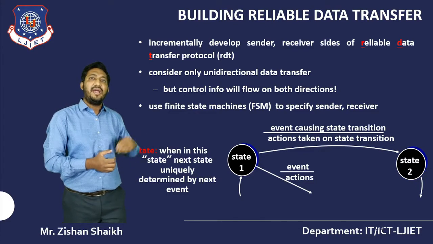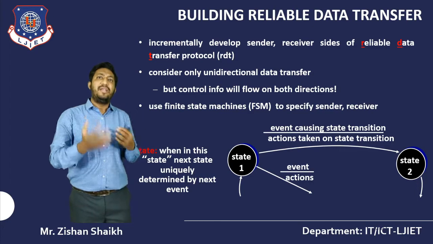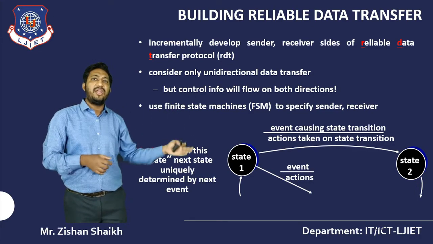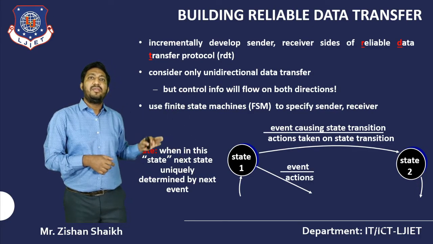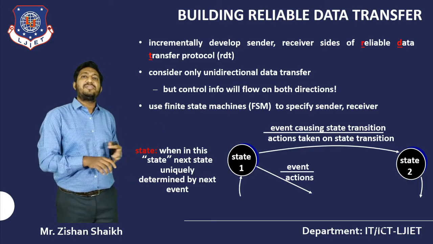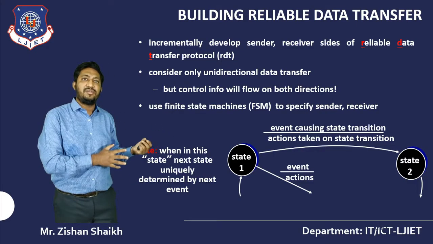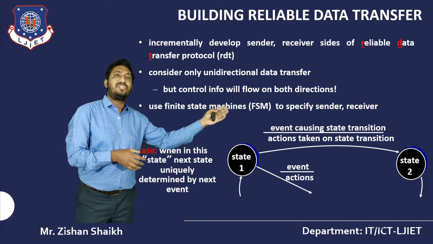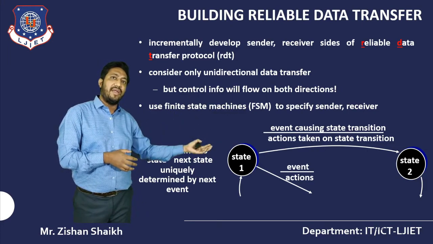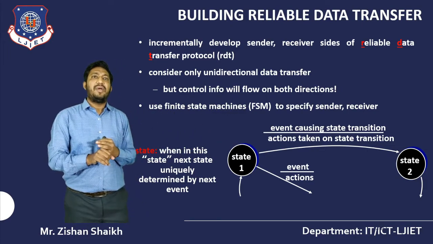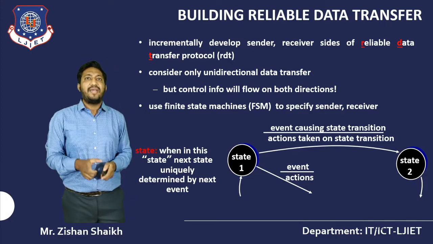At the sender side the events are rdt_send and udt_send. At the receiver side, the receive and delivering methods occur. So the FSM is all about how the state moves from source to destination. The event causes the state transition, and the action is what will be taken by the state.